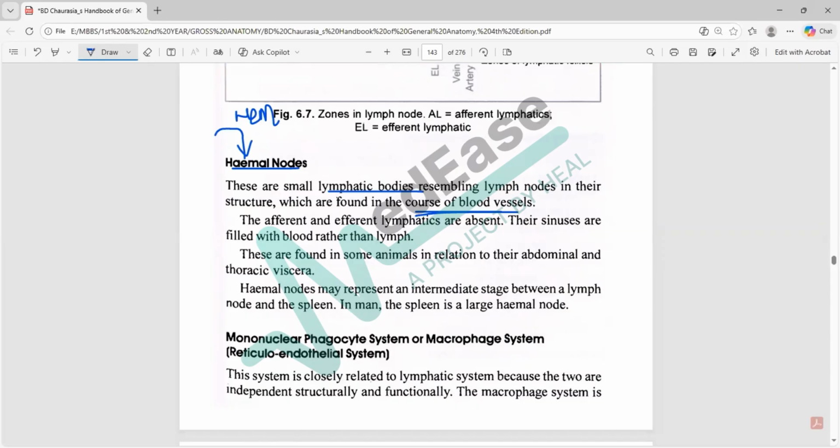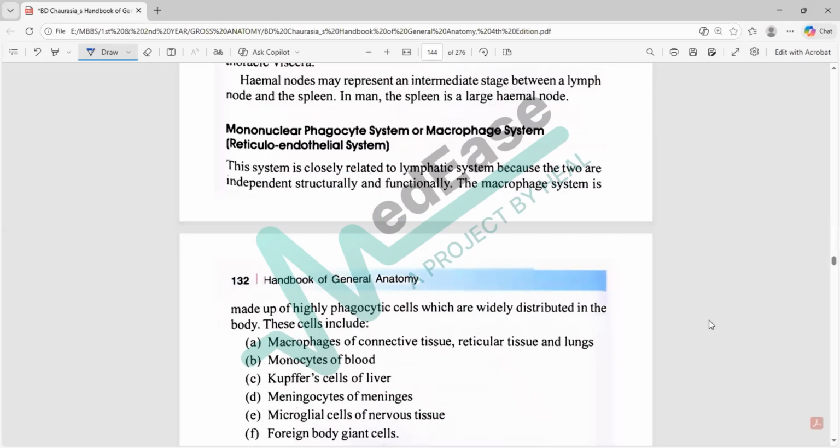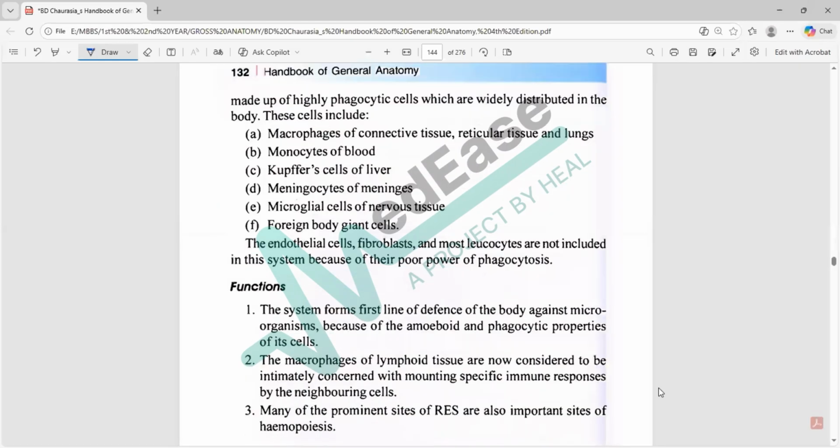Now, next we go to another important part of our immunity, which we know as the MPS, the mononuclear phagocyte system. It is also called the reticuloendothelial system. It consists of specialized macrophages at specific locations in our body which are concerned with protecting our body against disease.